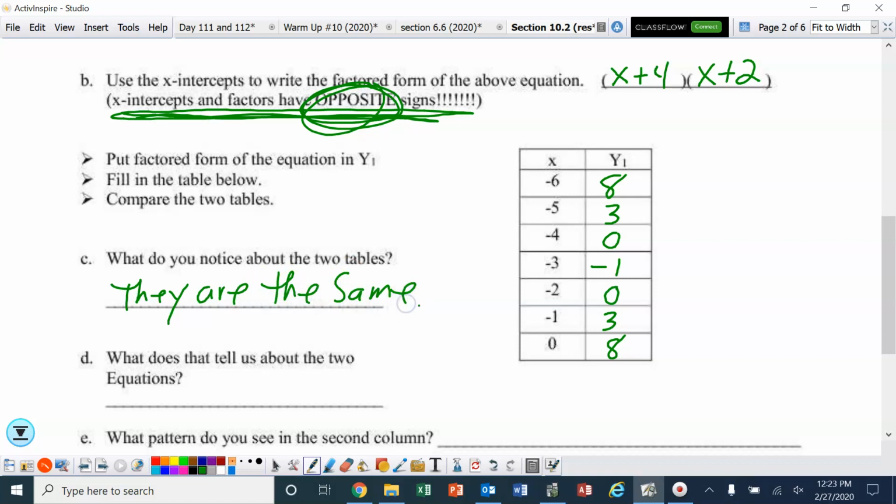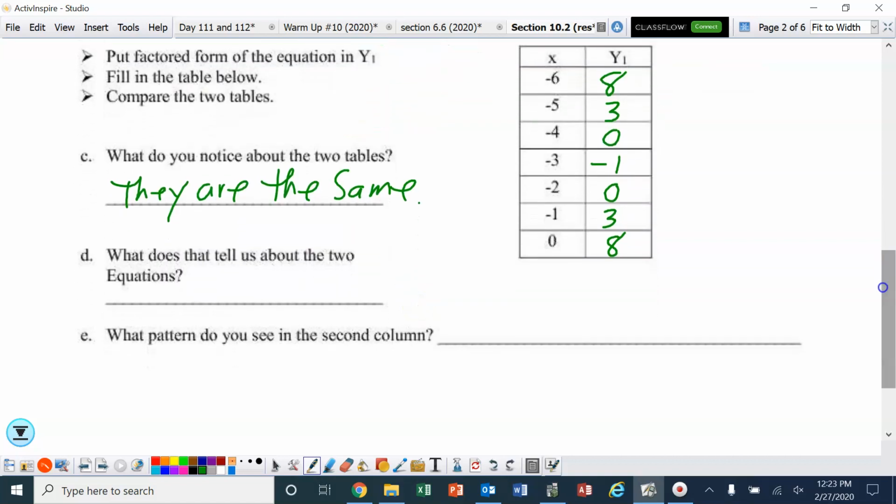All right, so obviously there is a pattern to this situation, okay? And again, what does that tell us about the two equations? They are equal to each other.